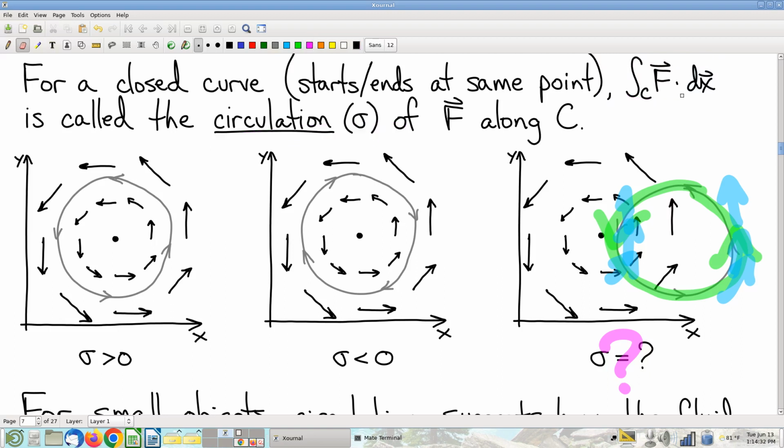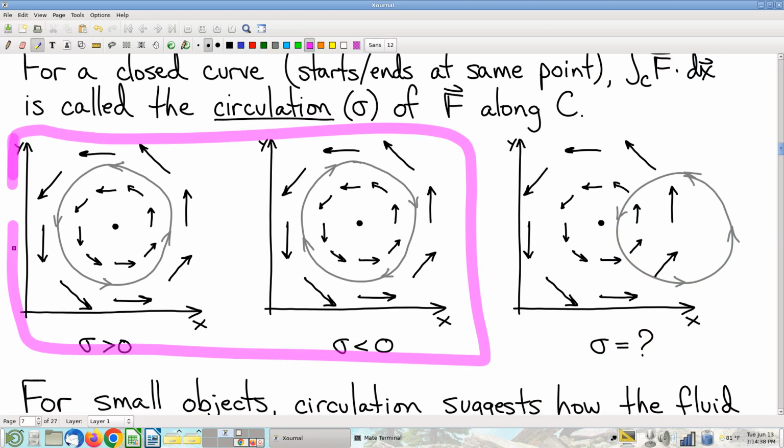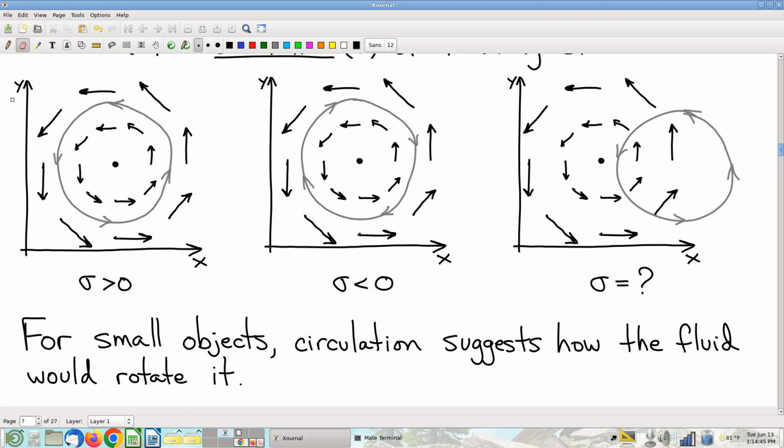Okay. All right, now real quick with these first two pictures in mind, I want to make an observation, a sort of a different way to think about circulation. This is just a point of view. I like to think of circulation as being an indication of how the fluid would rotate a little small object that's floating in the fluid.